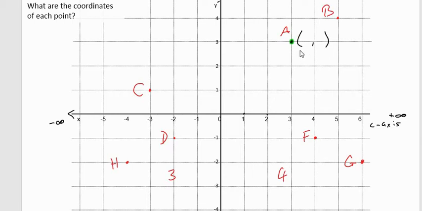Okay. Point A, located on the x-axis, will be +3, and the location for the y-axis is +3. Okay, so the location is 3, 3. All right, good. What about point B?